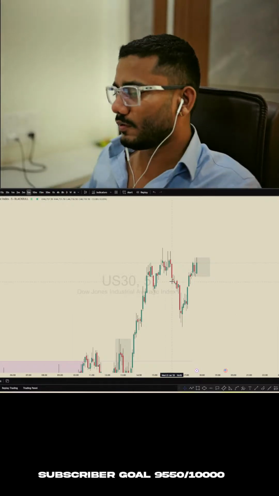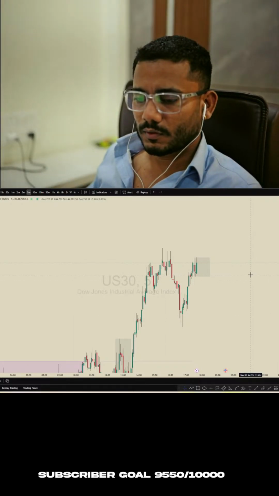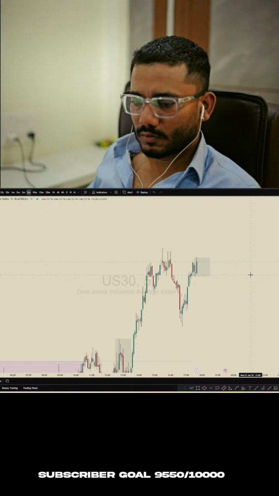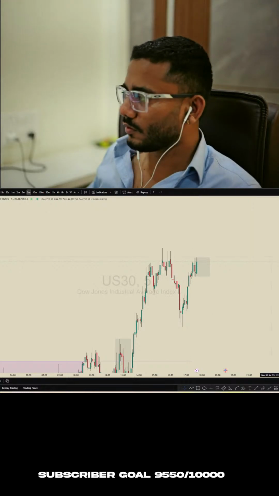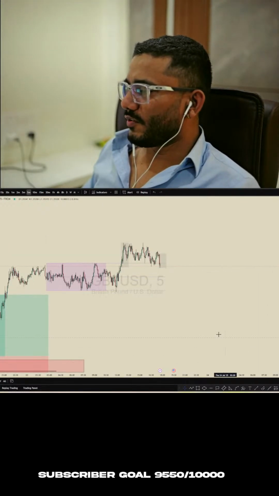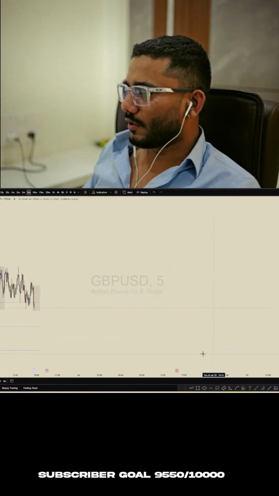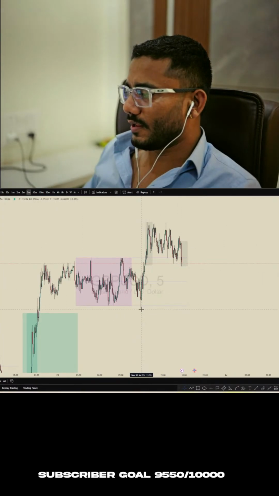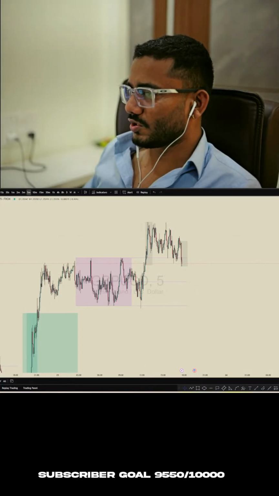GPU USD, okay. Let's see. As we can see, price has swept this previous low, and then price gave us a new structure over here.